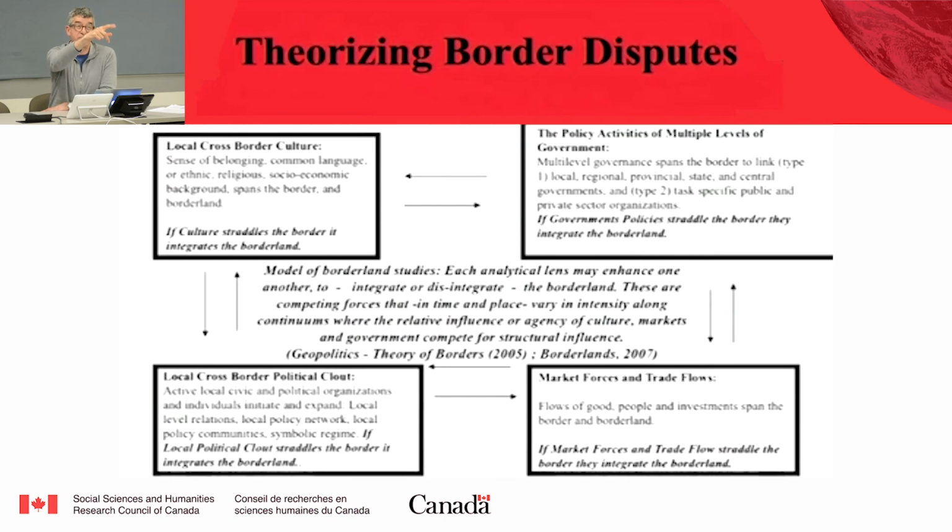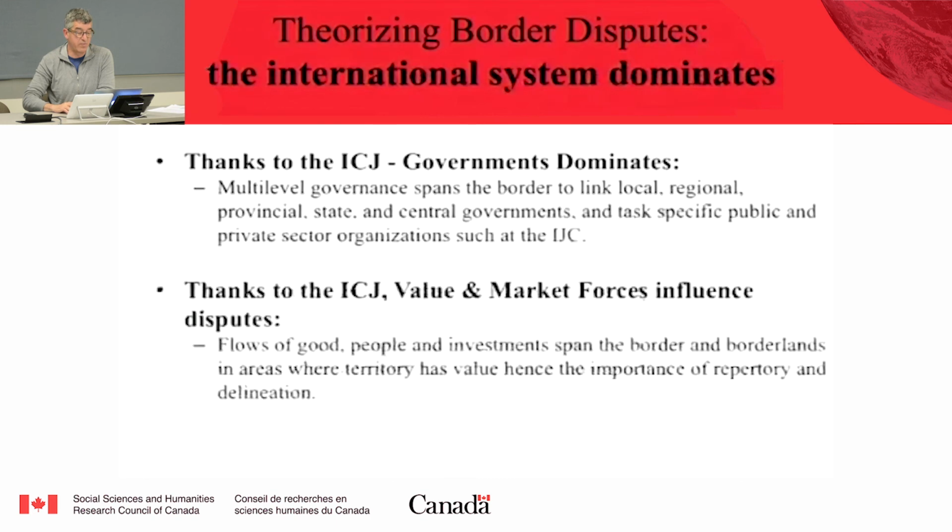Whereas the three other categories are kind of dismissed, right? Because we don't have the tools to address them. The local cross-border political clout would lead to, let's say, self-determination issues. We don't have the tools today to address this and resolve them well.